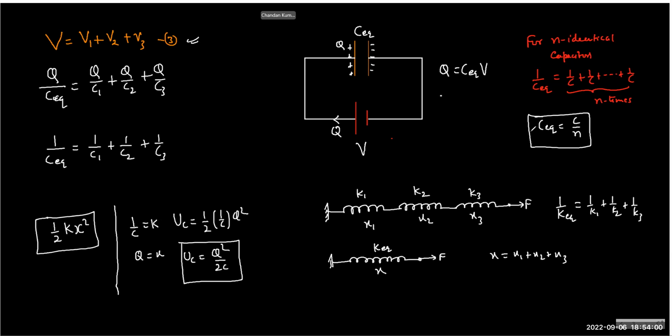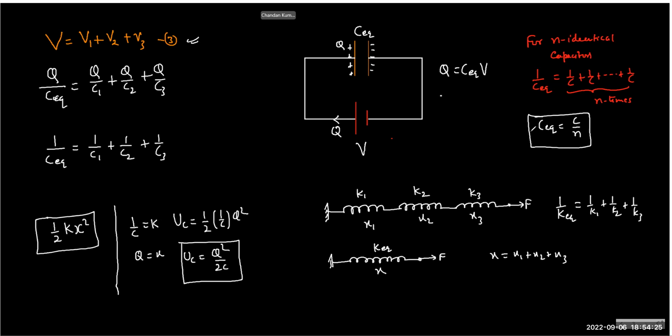So in series grouping, what do we do generally? Do we increase the capacitance or do we decrease the capacitance? Tell me. In series grouping, do we increase or decrease the capacitance? Decrease, yes. It will decrease.